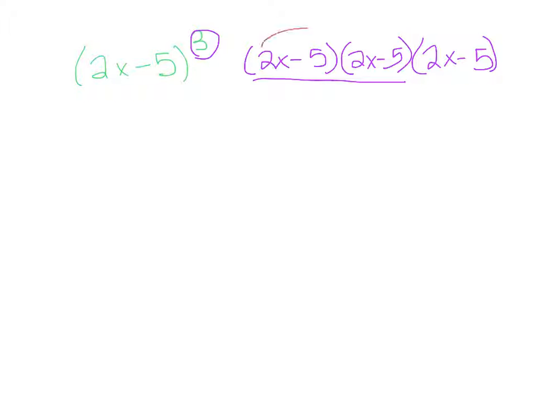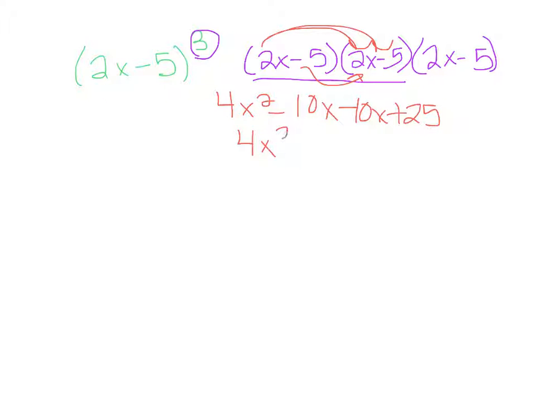So in completing that multiplication, I have 4x squared minus 10x, again, minus 10x, plus 25. So that simplifies to 4x squared minus 20x plus 25.